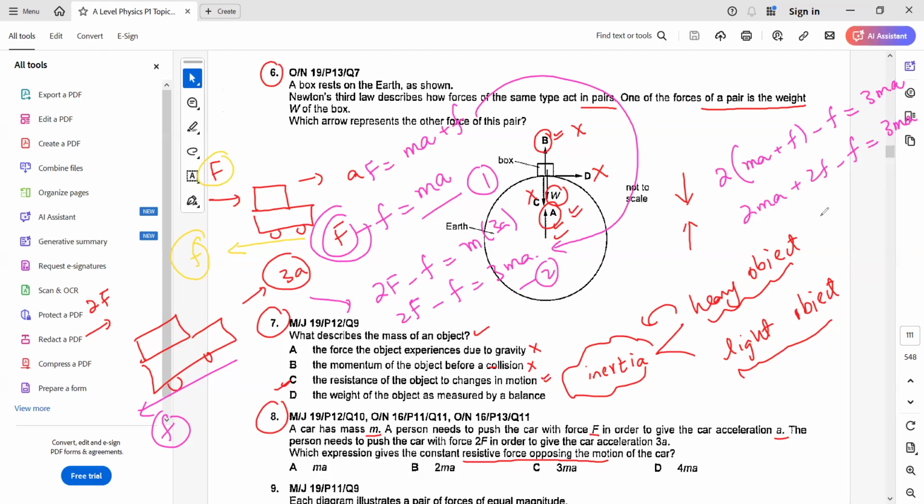So basically 2F minus F is F. If 2MA goes to the right hand side it becomes negative. So 3 minus 2 would be 1, so that would be MA. So resistive force is MA. Do we have an option here? Yeah, we do have an option here. That's A. That's nice.